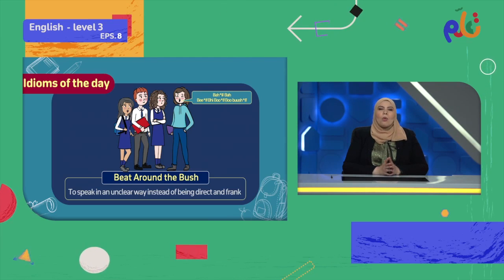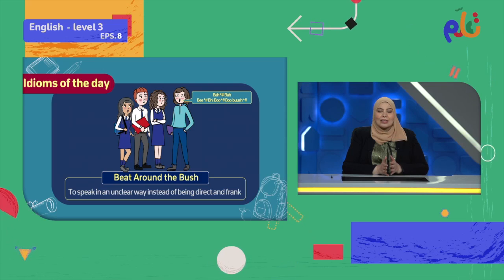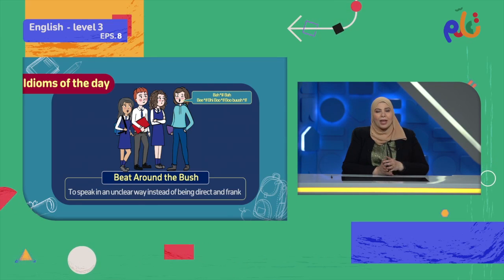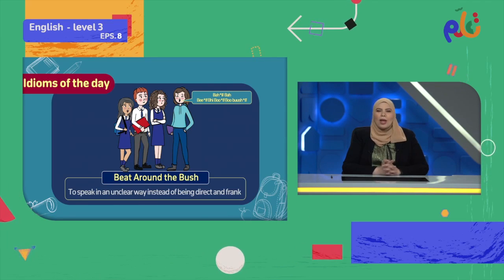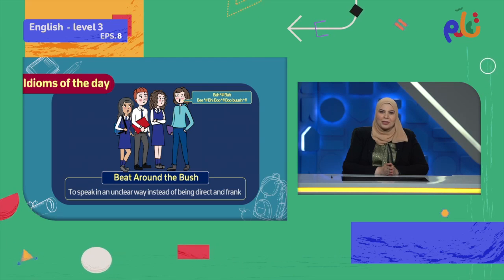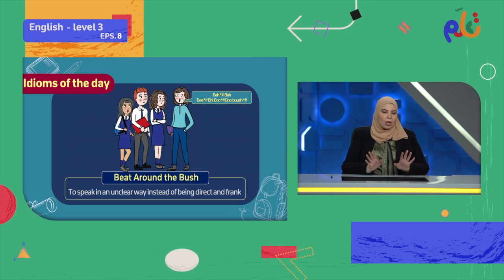Or when you go to your parents and you want to tell them that you need money and you start telling them, I like you and I love you so much. So your father or your mother can tell you, don't beat around the bush. What do you want? It's like, don't be unclear, be direct and say what you want. So beat around the bush is when you speak much about things to avoid being direct and going into the topic.